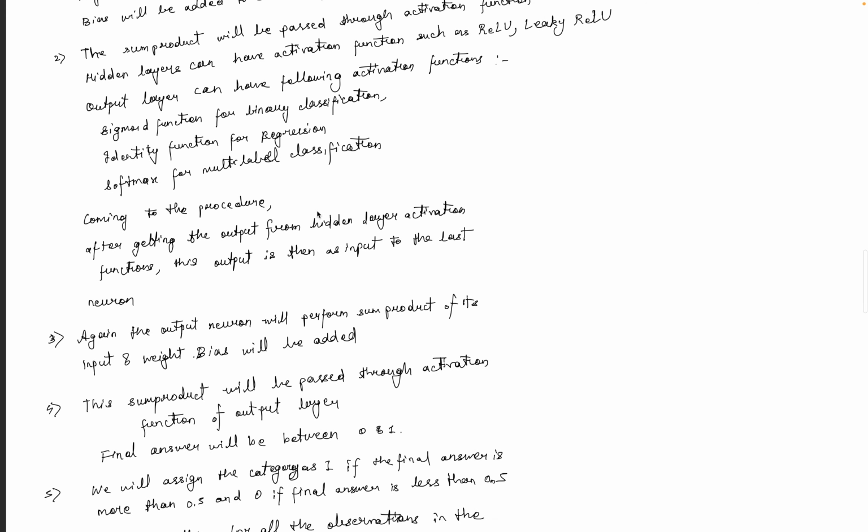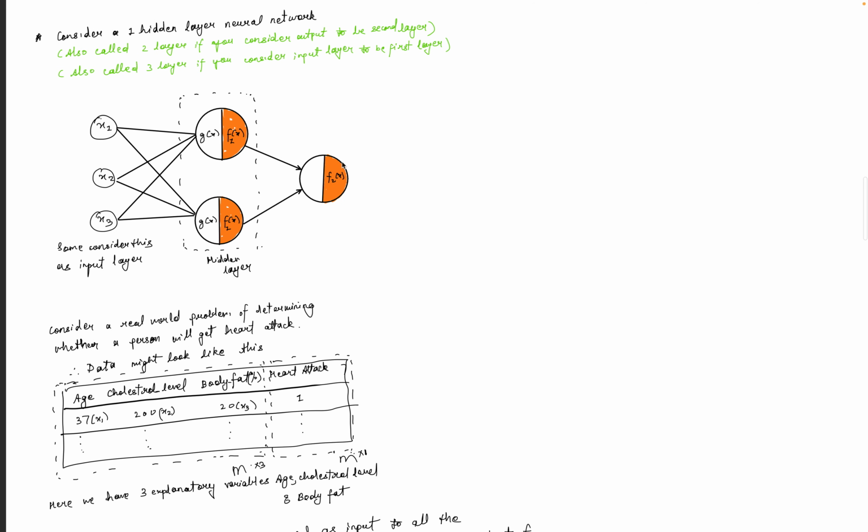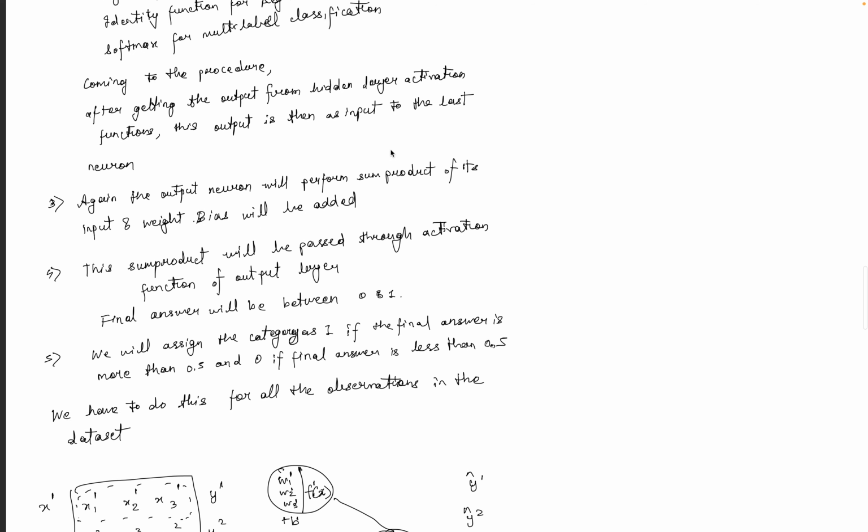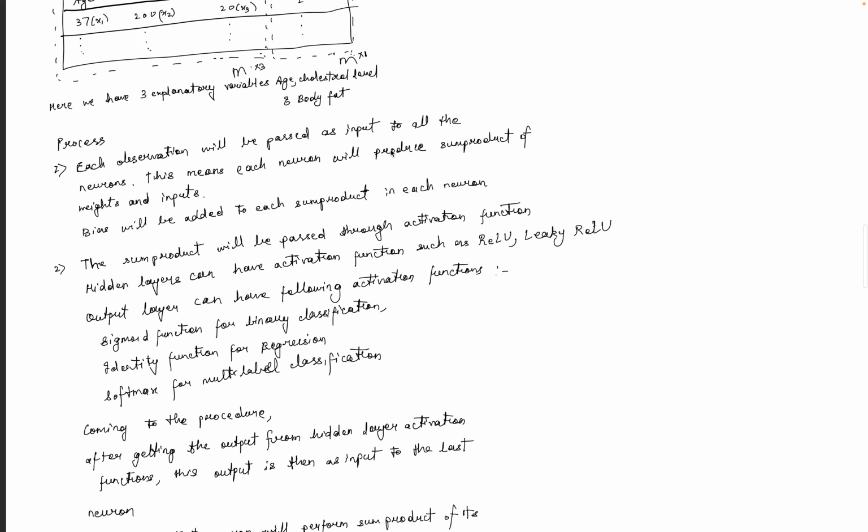Bias will be added; remember there is a bias term in the last output neuron as well. The sum product will be passed to the activation function of the output layer, and the final answer will be between 0 and 1. Just to understand, we are learning the example of classification, so that's why we are using the sigmoid activation function here, and the output will be between 0 and 1.